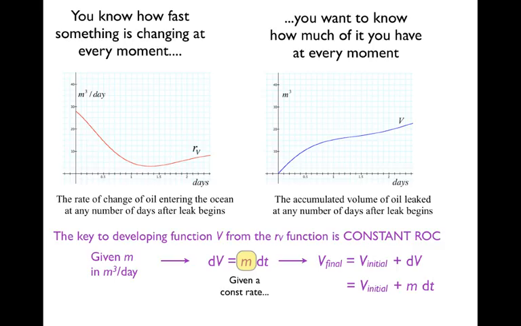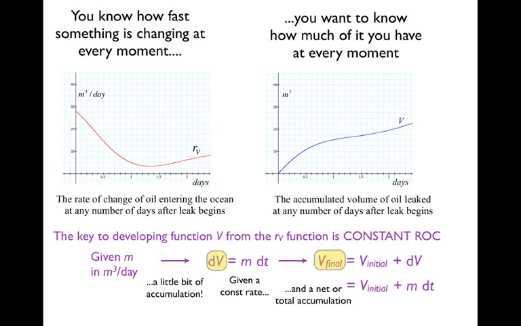Again, you know how fast it's changing, and dV equals m dt gets for us a little bit of accumulation. So given a constant rate, dV is a little bit of how much you have. That formula is the starting point: given the rate, it gives you a little bit of how much you have. And then similarly, we go to V final and V initial, so that's the net or total accumulation.